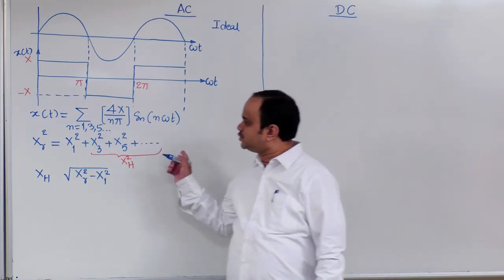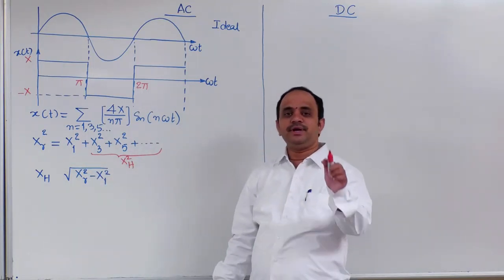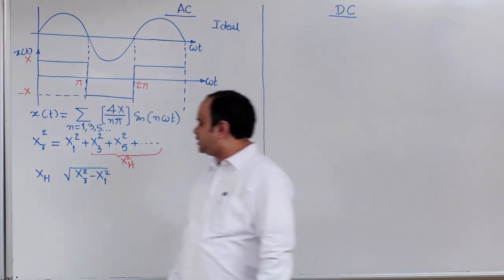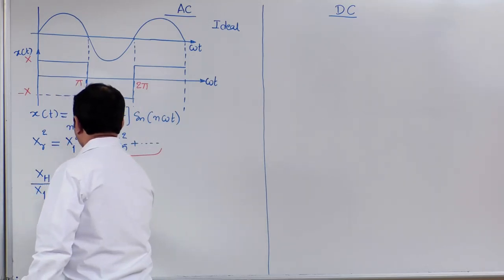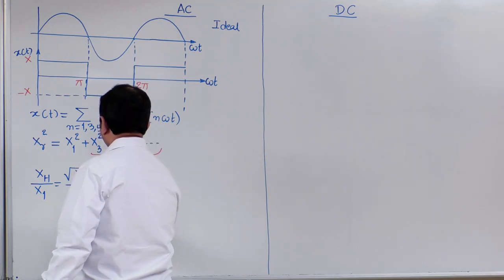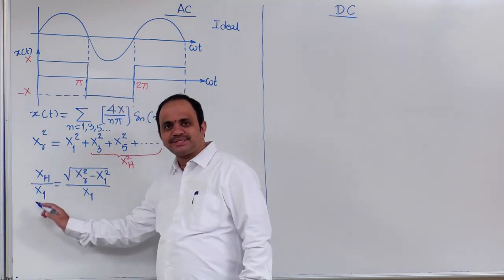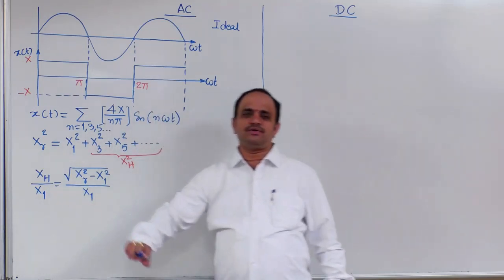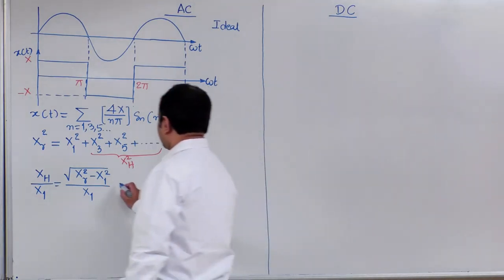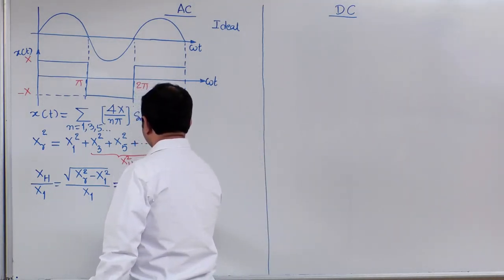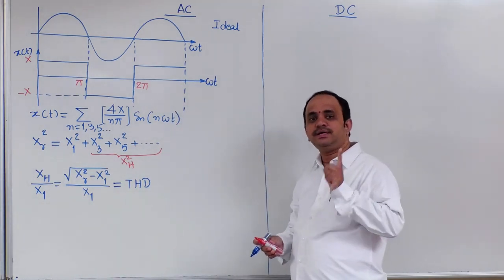But what is the useful term in this series? The fundamental is the useful component. Therefore, I can write xh upon x1. That means the harmonic component is expressed as a ratio of the useful component, that is the fundamental. This particular ratio is known as THD, total harmonic distortion.